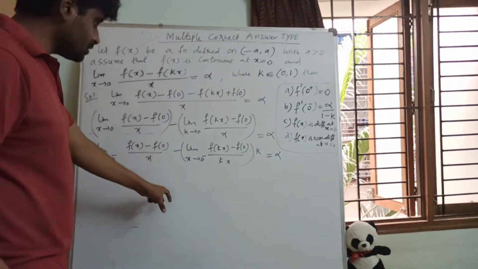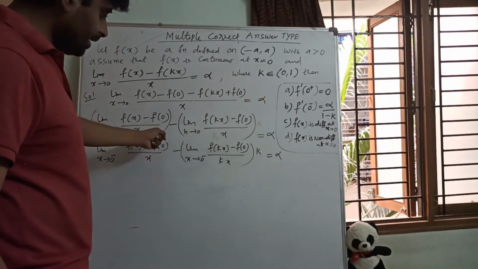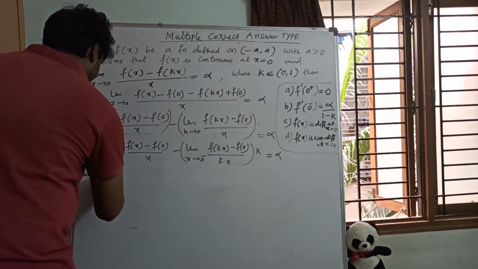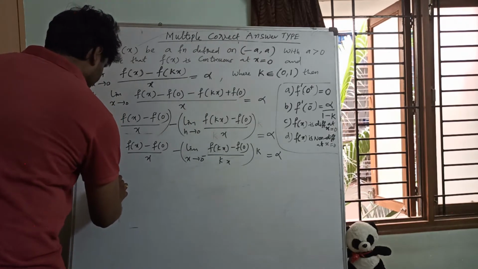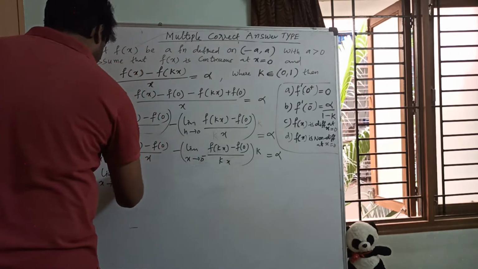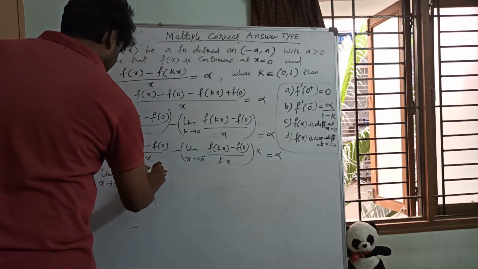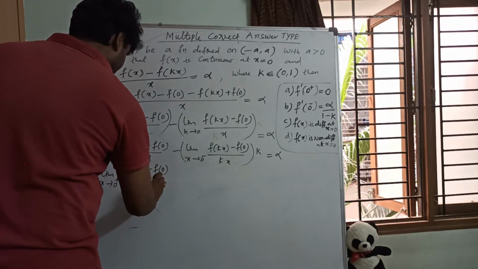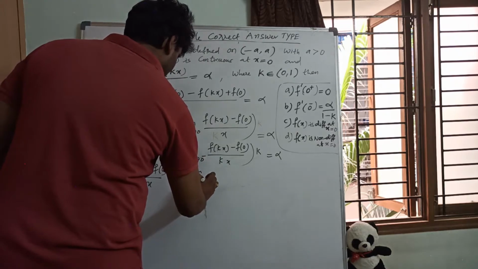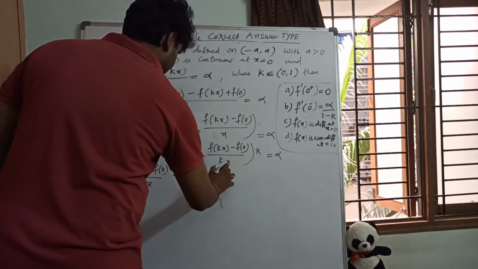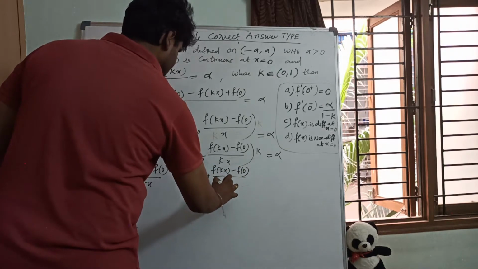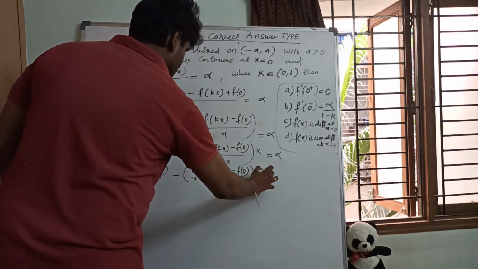Similarly for 0 plus also. Whenever this is satisfied, for 0 minus and 0 plus both will be satisfied. Limit as x tends to 0 plus of f of x minus f of 0 by x, minus limit as x tends to 0 plus of f of kx minus f of 0 by kx into k, equals alpha.